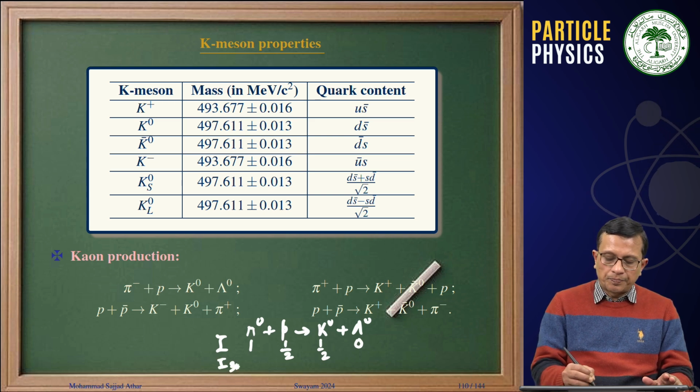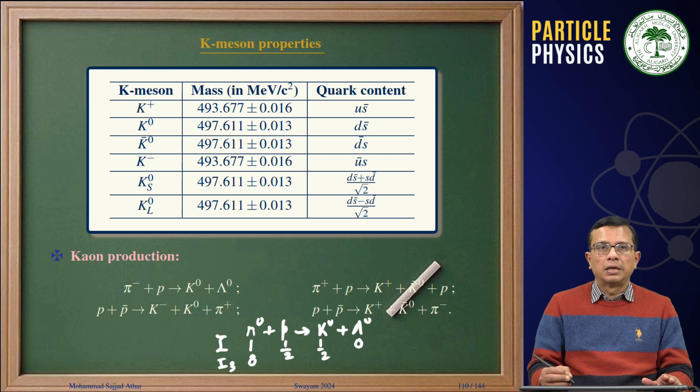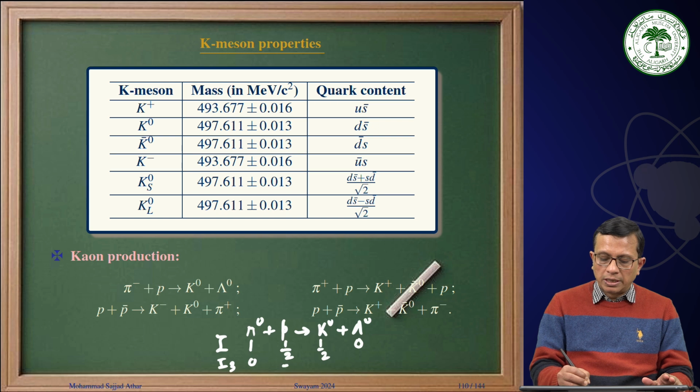Then I3: pi 0 has the third component of isospin as 0. This is plus half. And then you have K0 and lambda 0. This is an isosinglet.